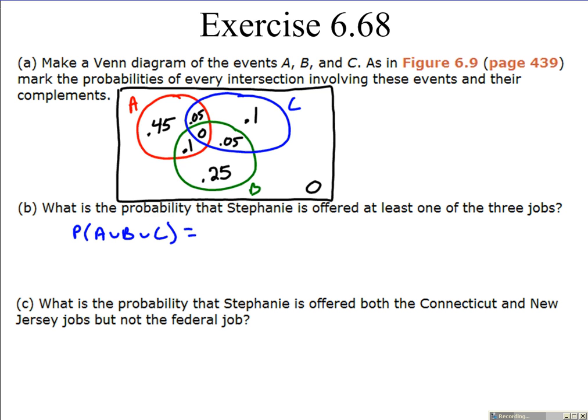So this would be the same thing as taking 1 minus the probability that none are offered to her. Probability that she is offered no jobs is 0. So the probability that she is offered at least one is calculated to be 1, which means under her calculation, she is going to be offered at least one job.